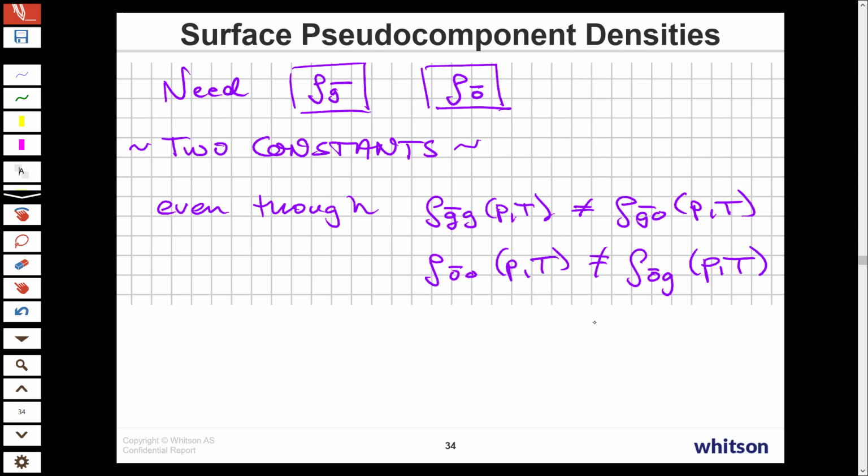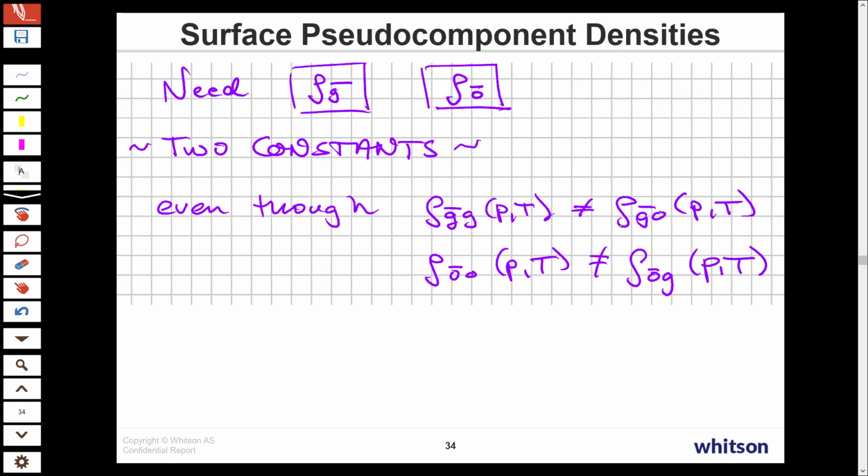Now in reality, the surface densities are not constant, because if you looked at the actual calculation of surface density from these changing gases and oils as you deplete down below the initial saturation pressure, you'd find that the surface gas coming from the gas phase is not the same density as the surface gas coming out of the oil phase.